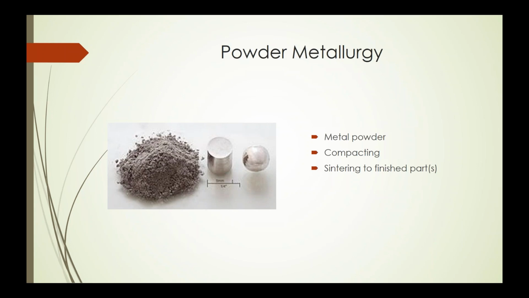So you bring it up to a certain temperature in the sintering process, and, pardon me, you end up with a solid material in the final form. I show a cylinder turning into a sphere here, but the final part size can be almost anything.